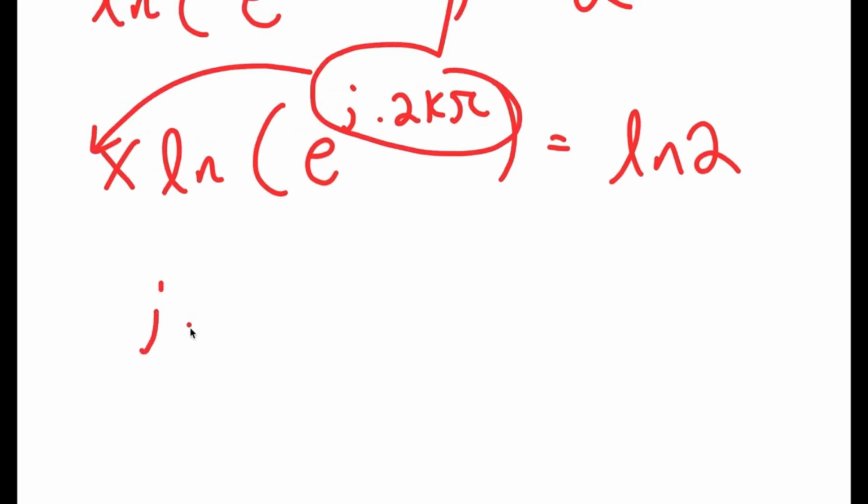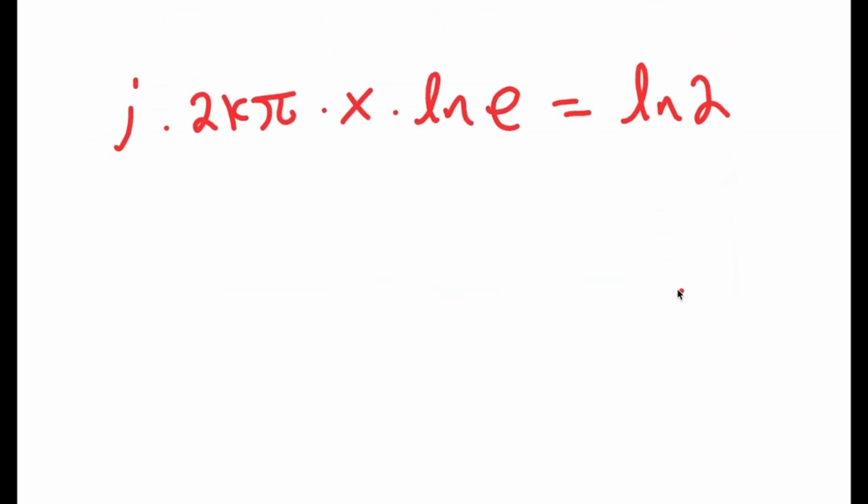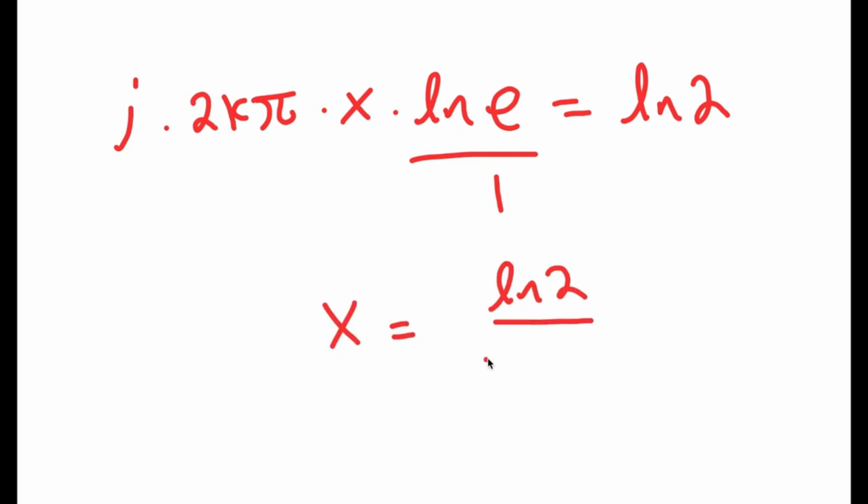So I have i times 2k pi times x times ln e is equal to ln 2. ln e is simply equal to 1. So I get x is equal to ln 2 over i times 2k pi.